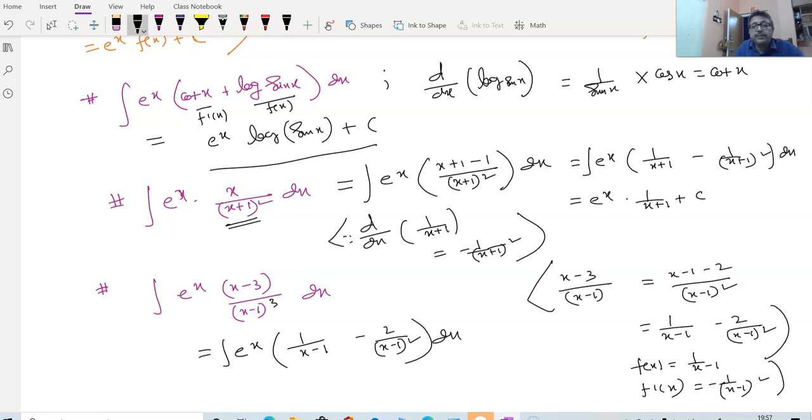But this method will work nicely because (x minus 1 minus 2) by (x minus 1) whole cube will be there, which you express in the form x minus 1 by this.